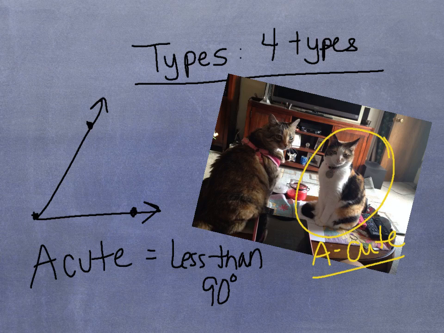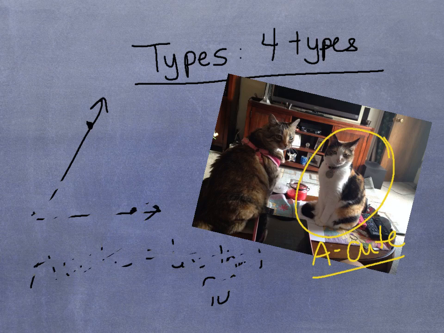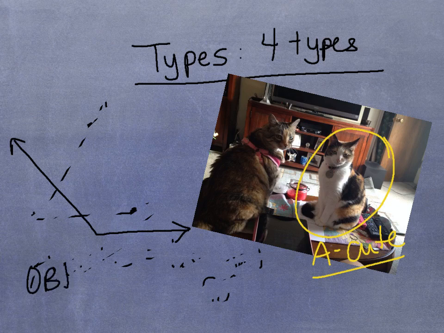Okay, now Jordan, on the other hand, is something different. Jordan is an obtuse angle. So if we draw an obtuse angle, which if you remember, is an angle that is greater than 90 degrees. So this is obtuse, an angle that is greater than 90 degrees.